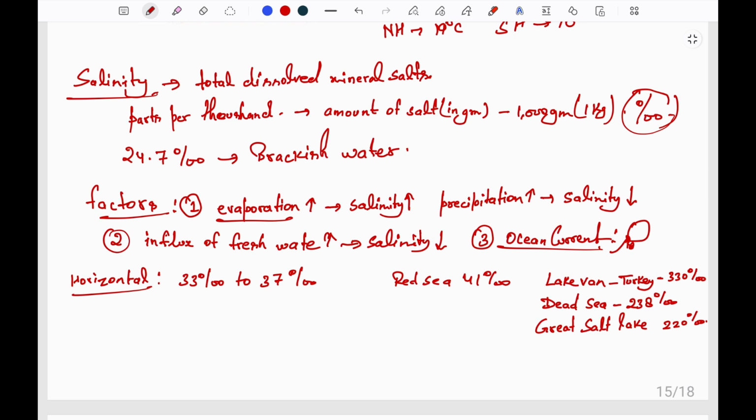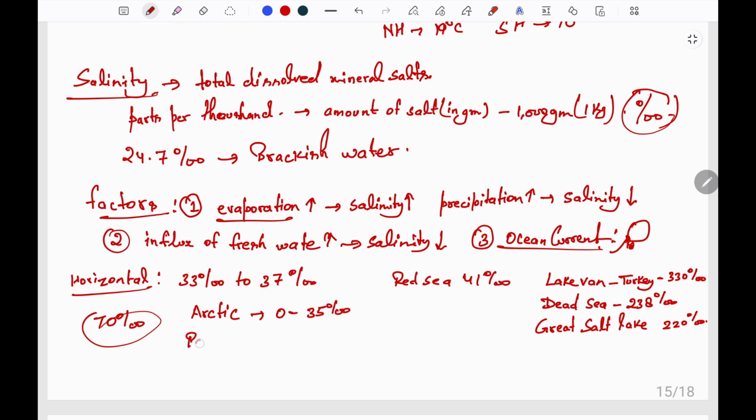Now, in the hot and dry regions, the evaporation is higher, so salinity sometimes also reaches 70 parts per thousand. We have already discussed. In the Arctic Ocean, the salinity varies from 0 to 35 parts per thousand.